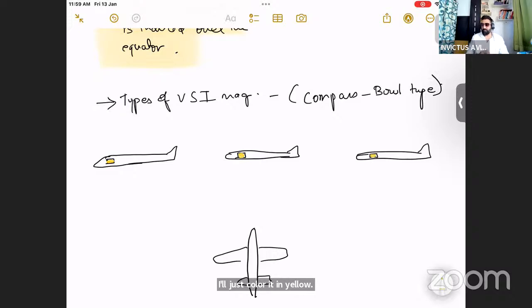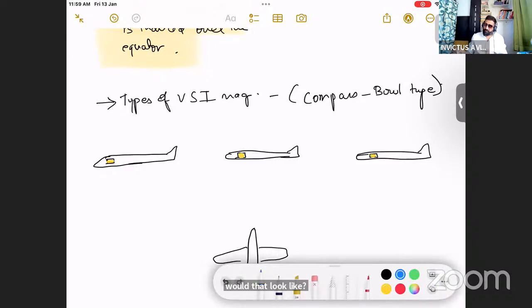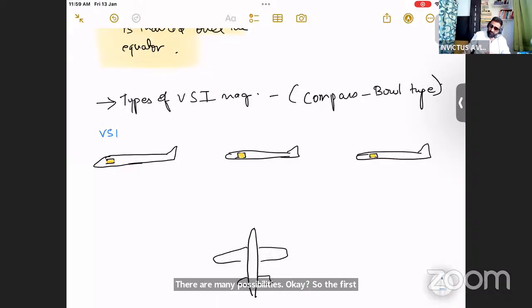Location. Now, where would the vertical soft iron be induced and how would that look like? There are many possibilities. Okay. So the first possibility will say that the VSI is forward of your magnetic compass. Okay, FWD. Second, we'll see VSI is aft. Aft of what?